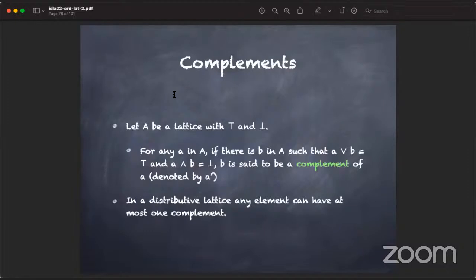Using the notion of distributivity and the other conditions, you can show that B1 is equal to B2. So in distributive lattices, if an element has a complement, it will have a unique complement.